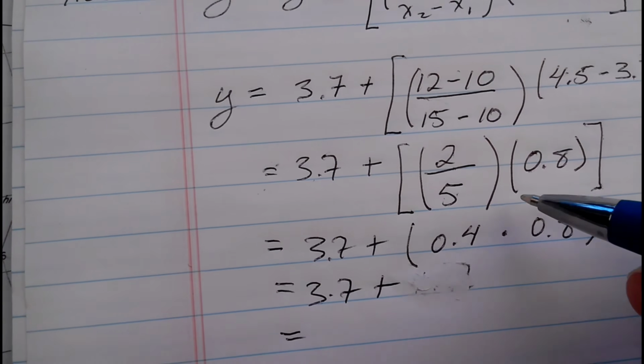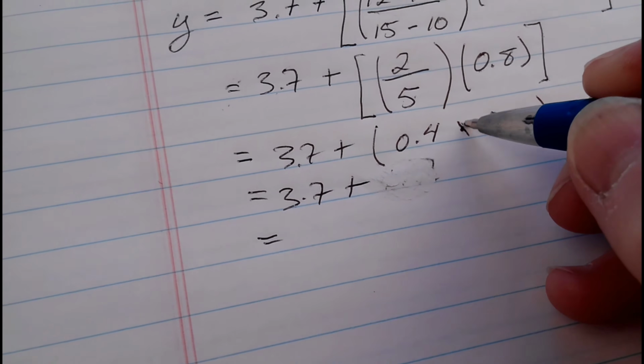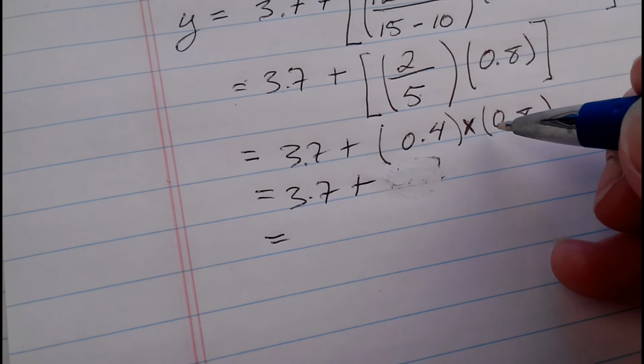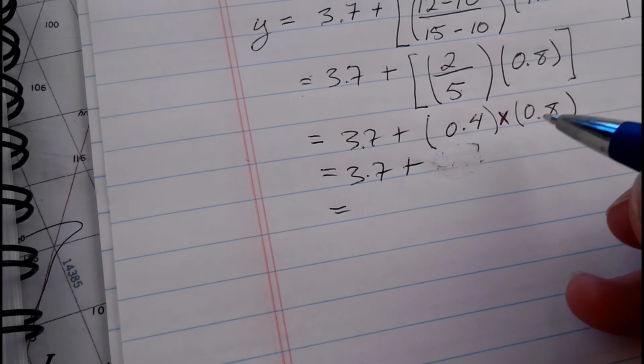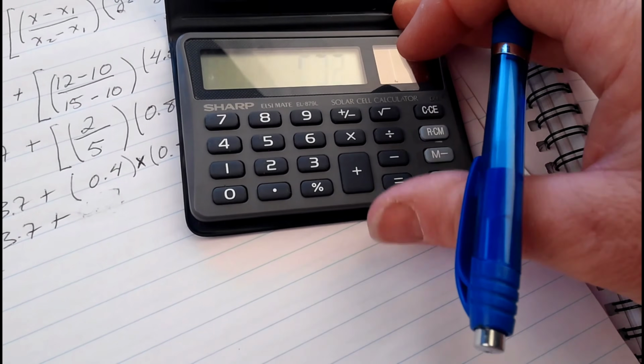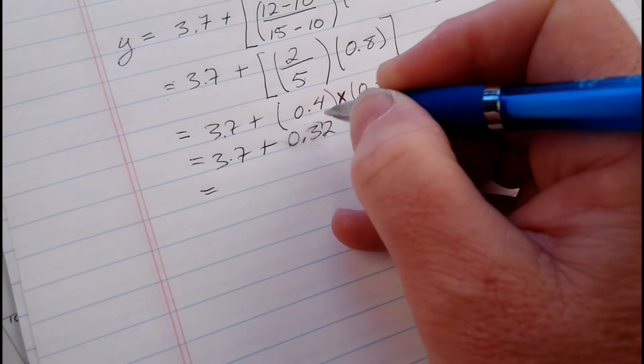Sometimes it's confusing to put the X there for times, but making sure that's times 0.8 equals 0.32.